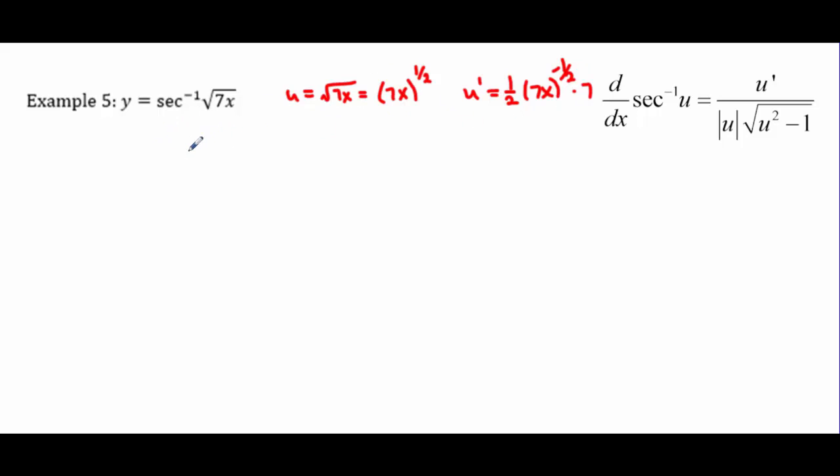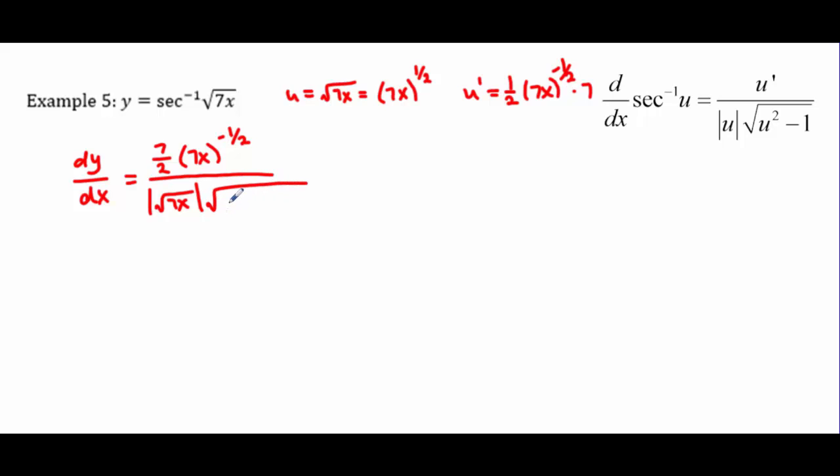So u prime is on top: 7/2 times 7x to the negative 1/2 over u, which is square root of 7x, inside of my absolute value bars, then square root of u squared, which our u is square root of 7x, so square root of 7x squared minus 1.